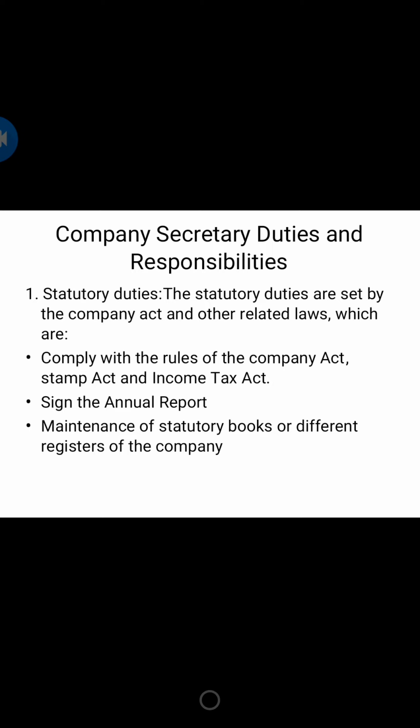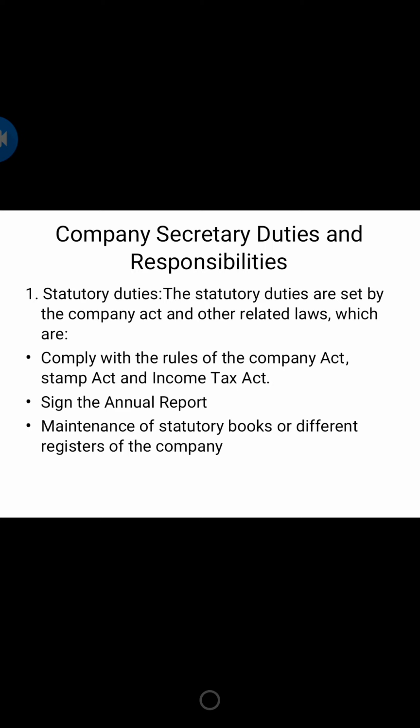Then the next is statutory books. So what are these statutory books? Statutory books are also documents of the company, right? Statutory books are those which are necessary to observe legal formalities of the company, including the registers.